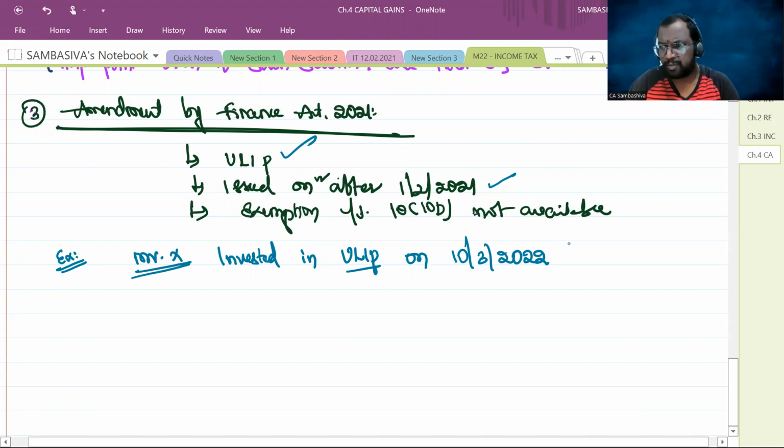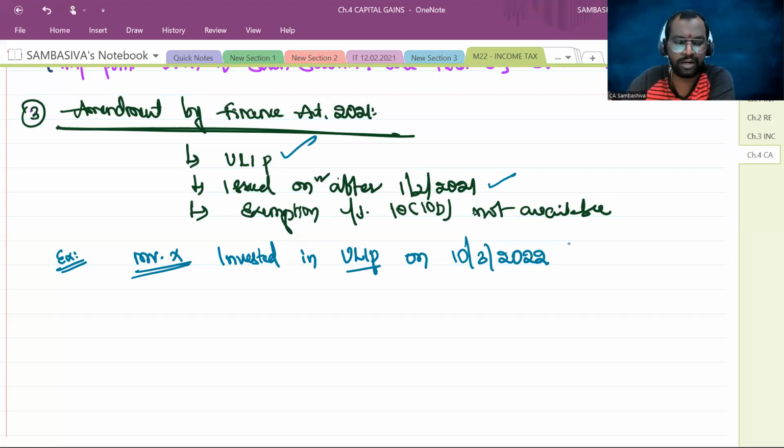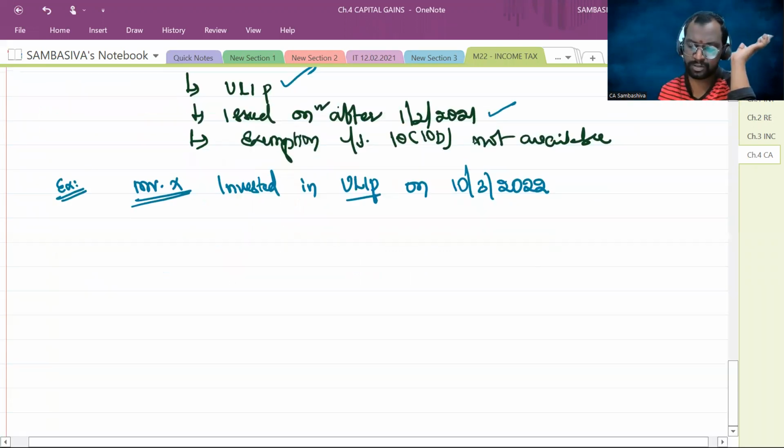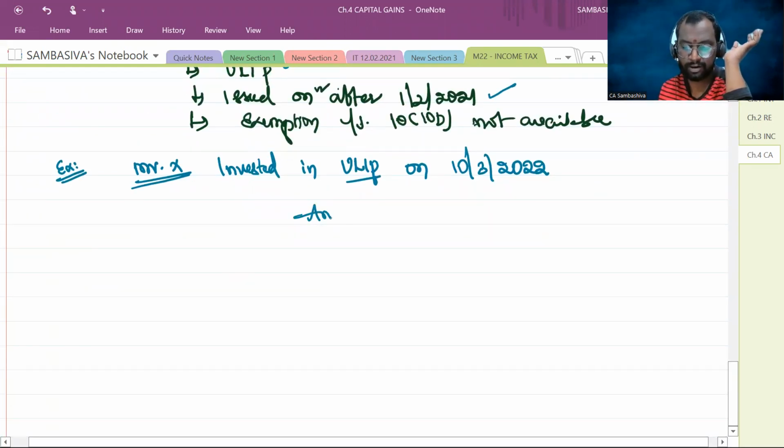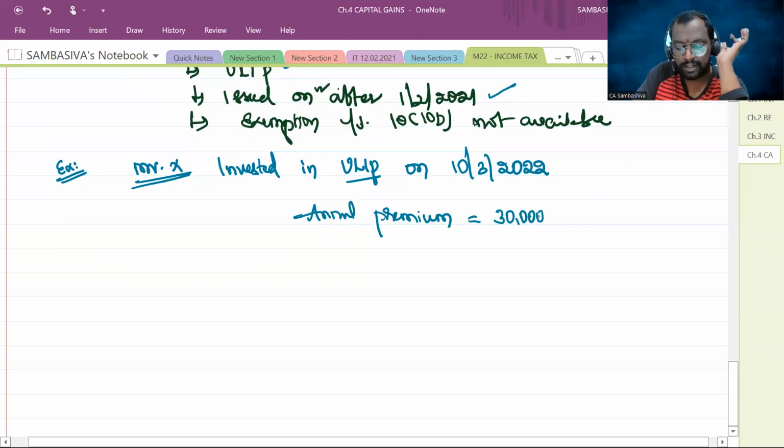Under a normal insurance policy, whatever premium you are paying is only towards the risk element. But when it comes to unit linked insurance policies, the premium represents the risk element, and a certain portion of your premium represents your investment. Suppose that you are paying an annual premium of 30,000 rupees.